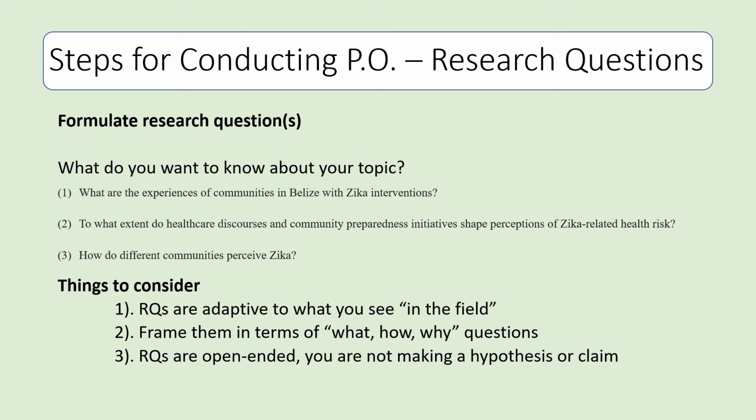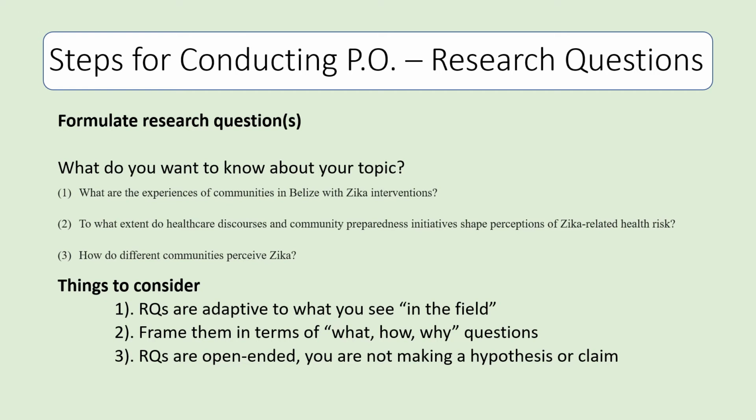And then I also have another question here, which is, to what extent do healthcare discourses and community preparedness initiatives shape perceptions of Zika-related health risk? What this question is asking is, okay, the first one is, what is being done? Question 2 is, what sort of policy discussions and media reports is the government of Belize producing?